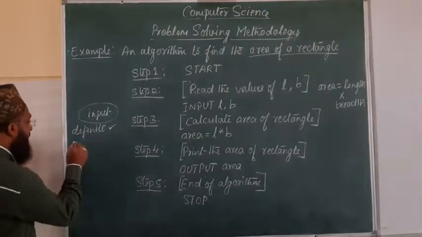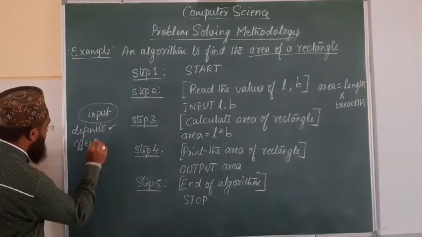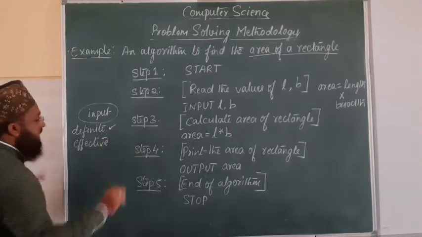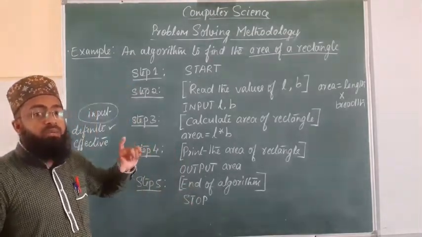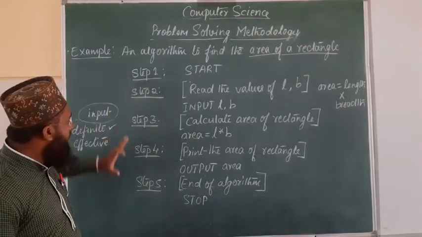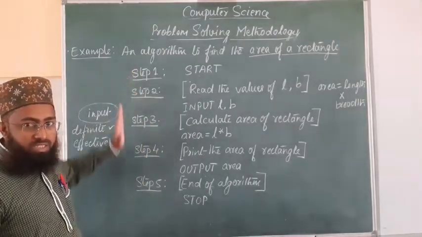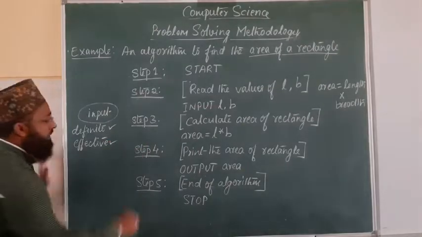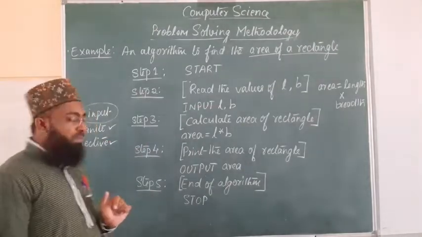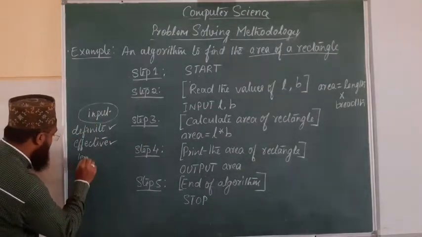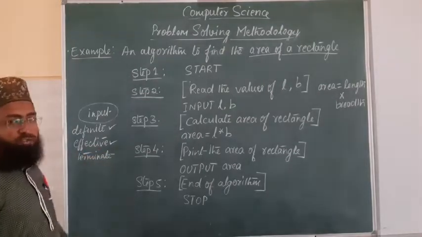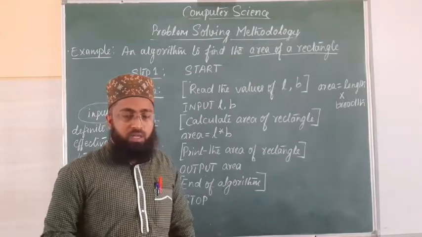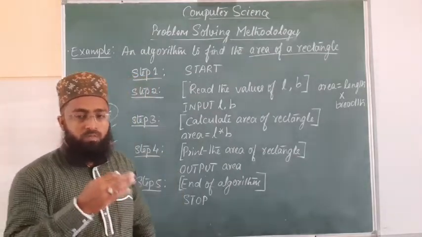Next, effective. Effective means an algorithm should complete within a minimum number of steps. We have completed this algorithm in only 5 steps, which means it is effective. And then terminate means after a minimum number of steps, the algorithm should come to an end.